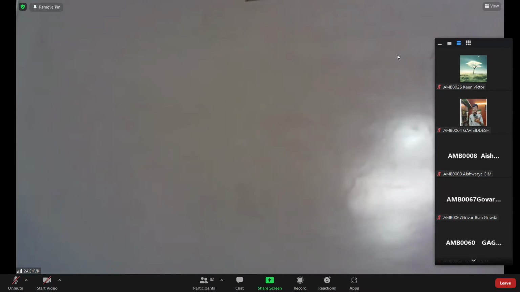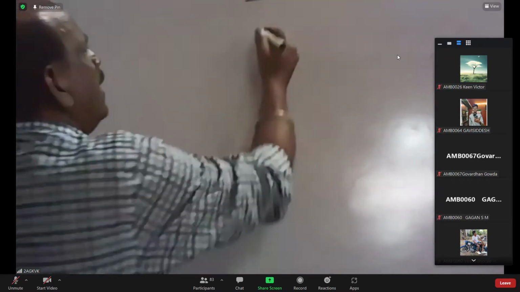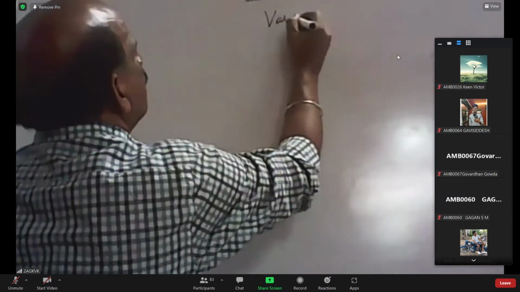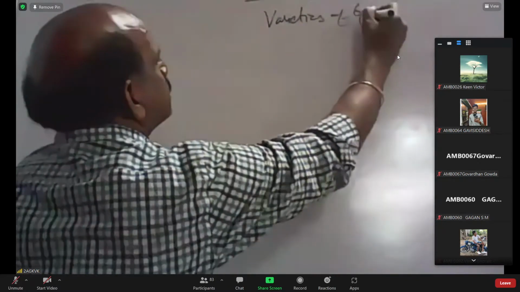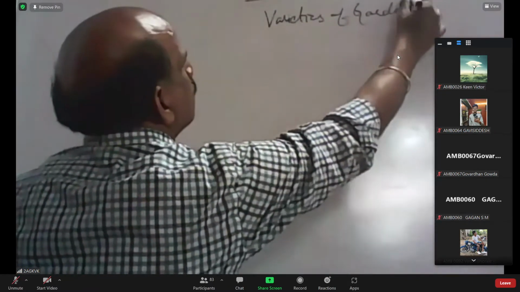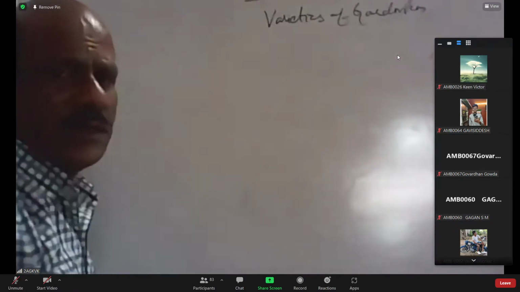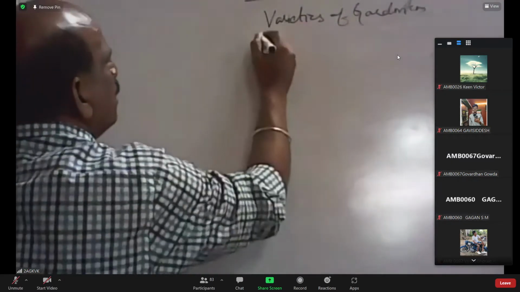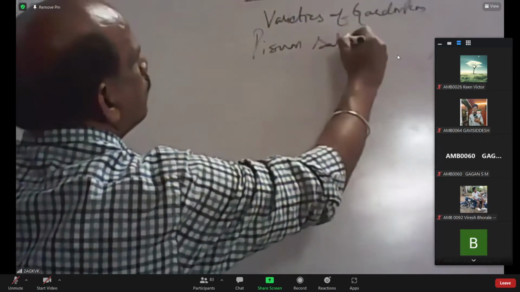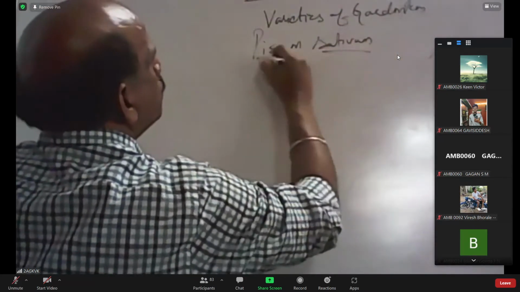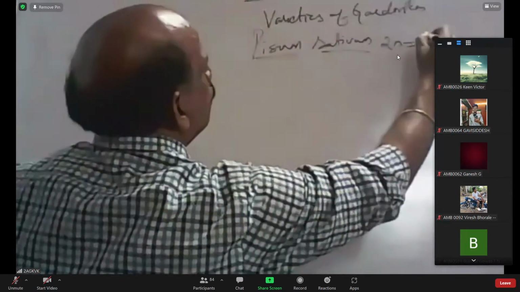Let's discuss Mendel's experiments. Even before Mendel could start his experiments, he collected several varieties of garden peas, Pisum sativum. 2n is equal to 14.